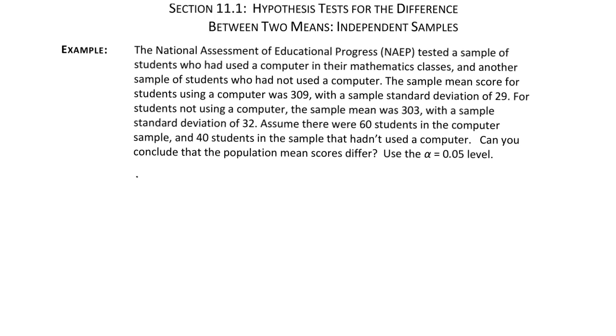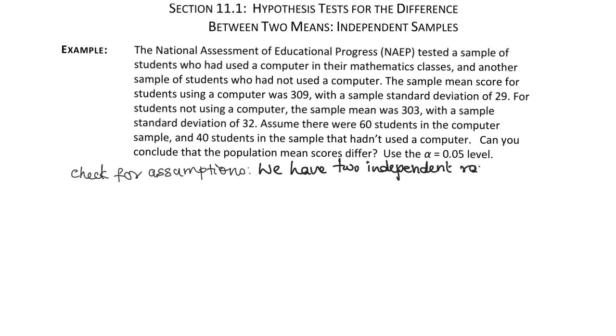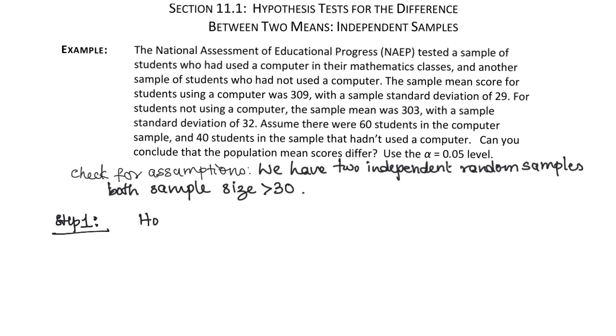We have two independent random samples and both sample sizes are greater than 30. Now state the null and alternate hypotheses.